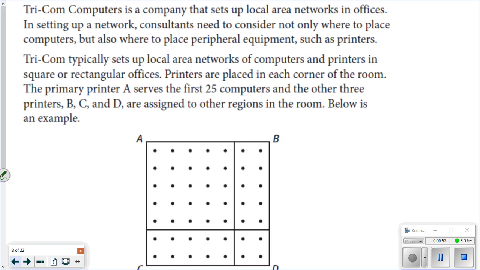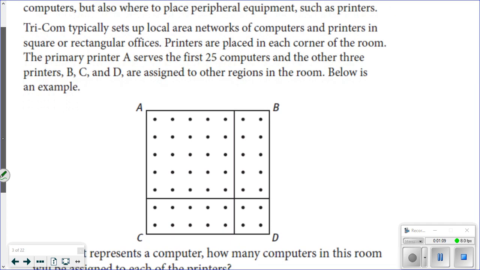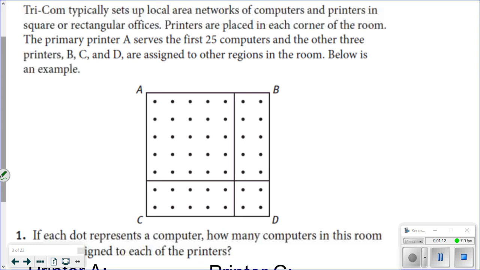So we have a computer company, Tricom Computers, and they set up local area networks in offices. And when they do that, they set up computers and printers in a square or a rectangle. So printers are placed in each corner of the room.